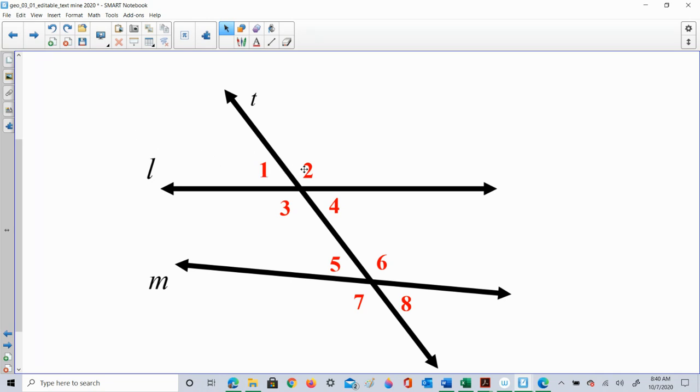I have 1, 2, 3, 4, 5, 6, 7, 8. I'm going to try to be consistent in naming them that way with those numbers, in those positions. But we have 8 different angles formed when this situation happens.